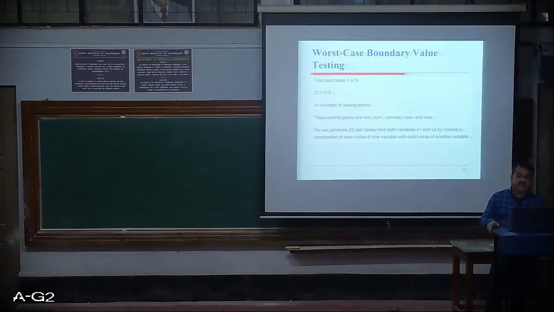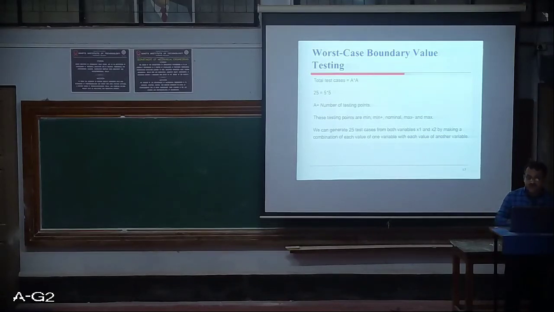This is exactly what has been described in this slide. That is, the test cases are 5 into 5, 25, which is the number of testing points. These testing points are basically the minimum, minimum plus, nominal, maximum minus and maximum.